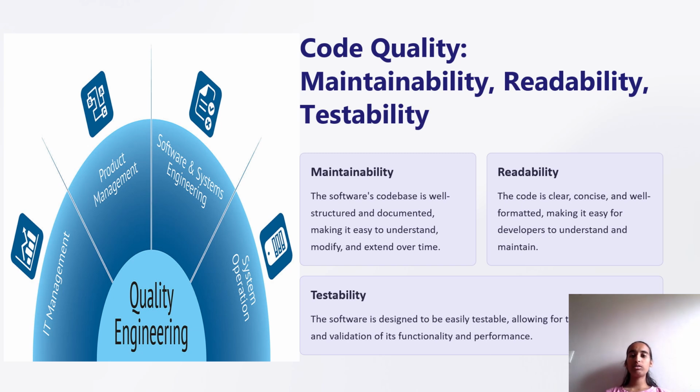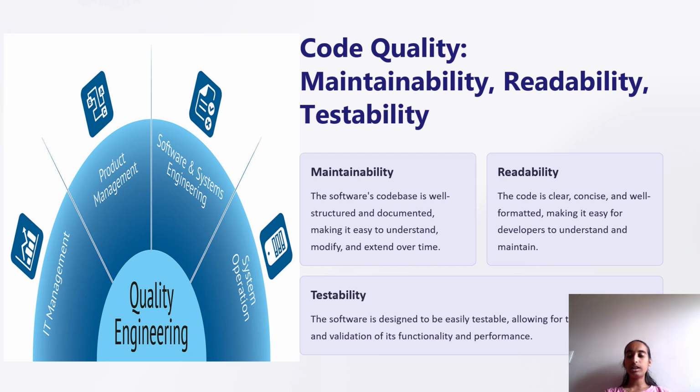Here comes the next topic, that is code quality: maintainability, readability, and testability. Let's see what is maintainability. The software's code base is well structured and documented, which makes it easy to understand, modify, and extend over time. Then comes readability.